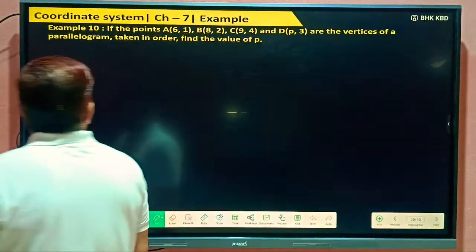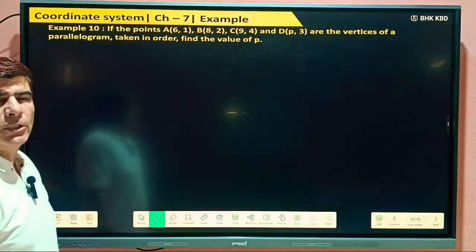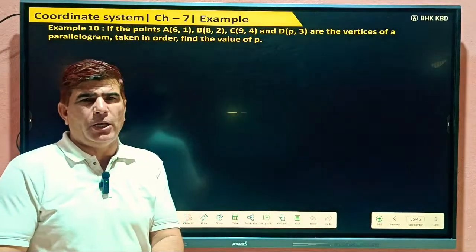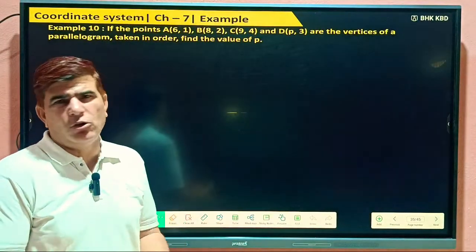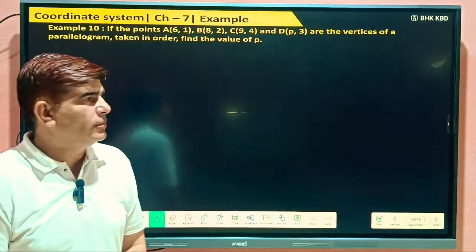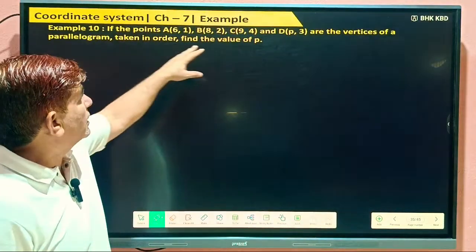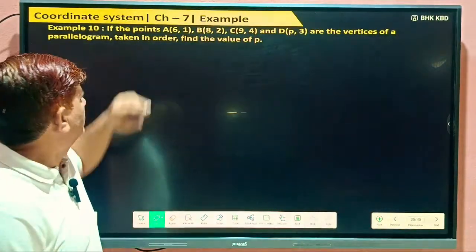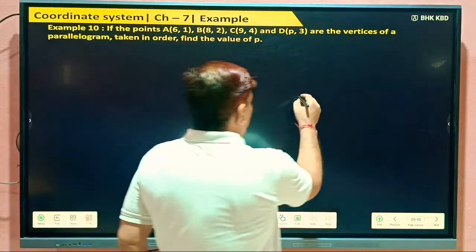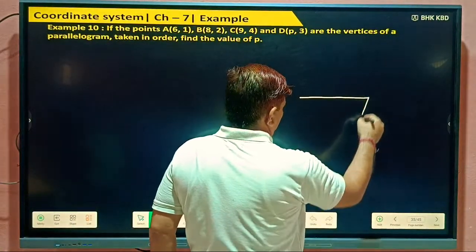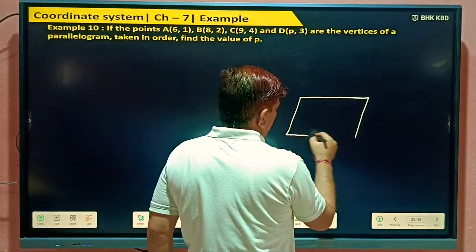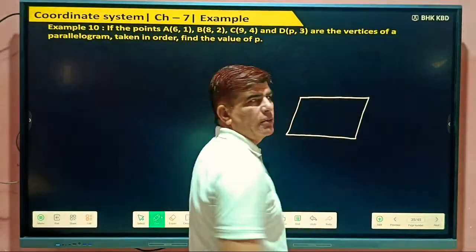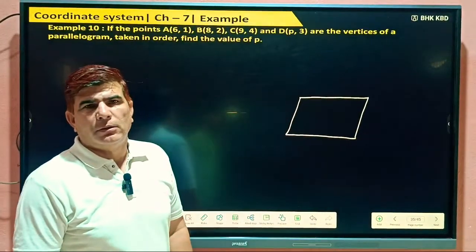Example number 10. If you know all the properties of a parallelogram, then no problem. If you don't know, then it creates a problem. So it says these are the vertices of a parallelogram, so we can first make a picture of a parallelogram, whose opposite sides are parallel and equal.